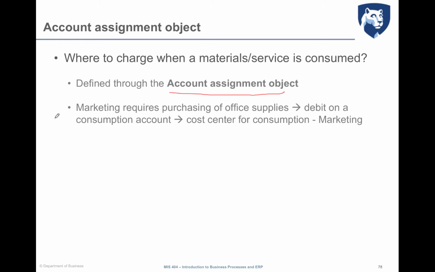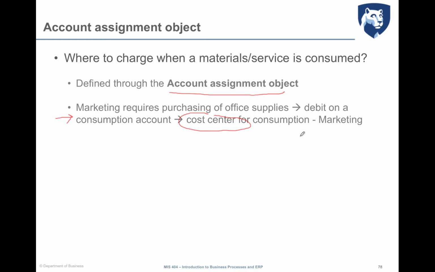For example, let's imagine that the marketing department required the purchasing of office supply. It means that the marketing department will be the owner of this request, meaning that this request will debit a consumption account such as the supply expense account in the general ledger, which needs to be charged to the marketing department, which is what we call the cost center of this consumption.